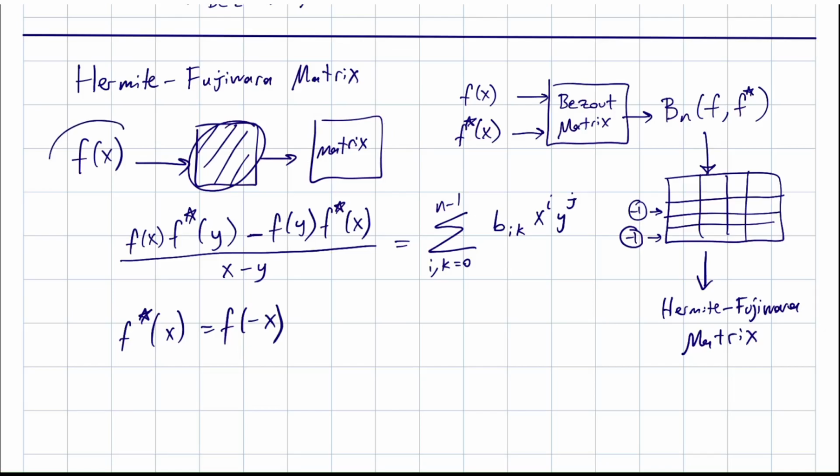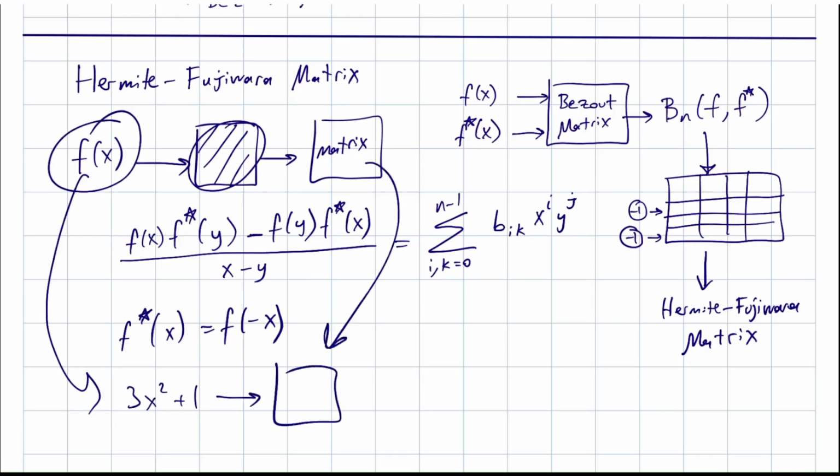Given the coefficients of this polynomial are constant, if this is like 3x squared plus 1, the matrix entries will be made out of constant numbers.